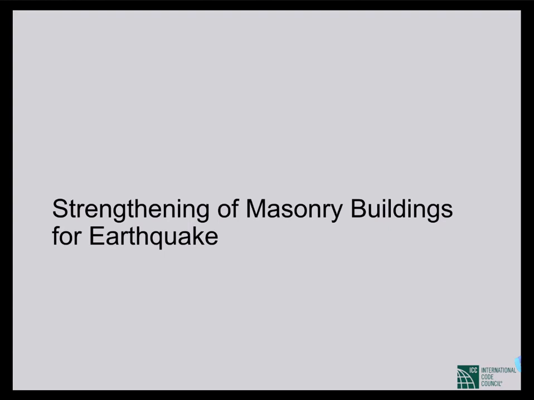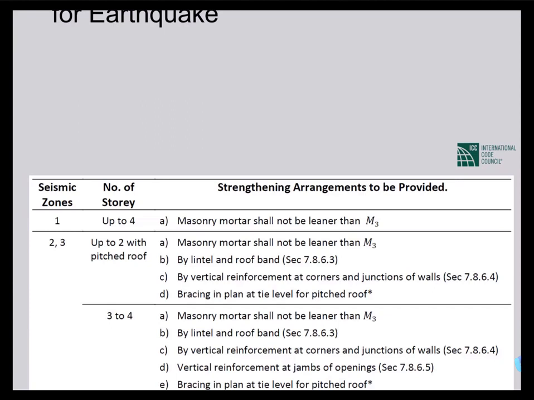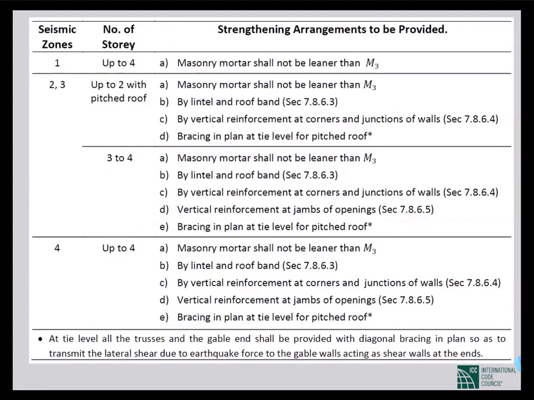Now, since traditional unreinforced masonry is not allowed, then for those that are already built, how do we strengthen them? There is a table in the BNBC 2020. There are some guidelines. What has to be used?